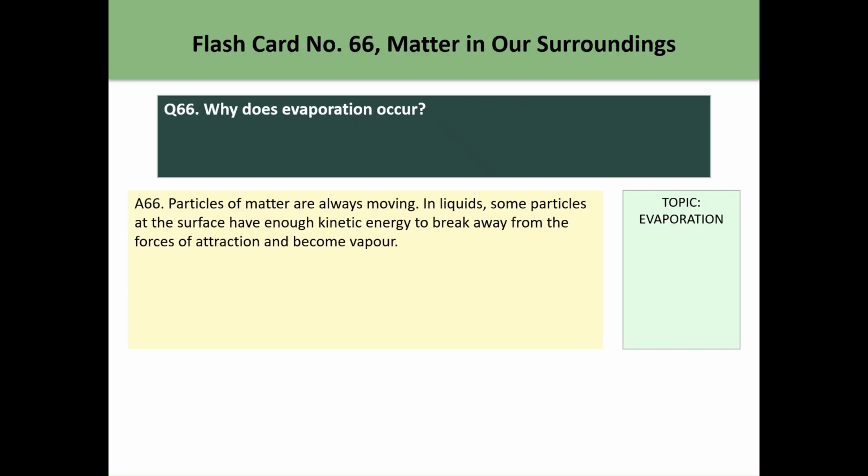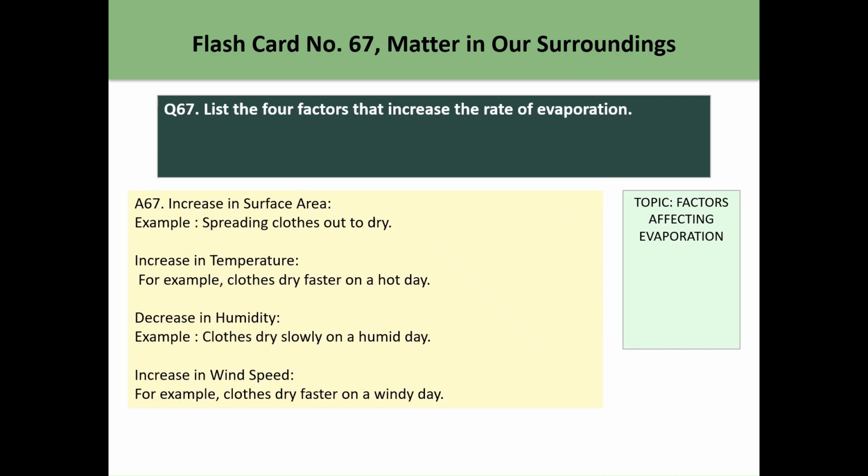Next, why does evaporation occur? Particles of matter are always moving. In a liquid, some particles at the surface have enough kinetic energy to break away from the force of attraction and become vapor. Remember, fast-moving particles escape from the surface. Let's now learn the factors that affect evaporation. These are the four factors that increase the rate of evaporation.